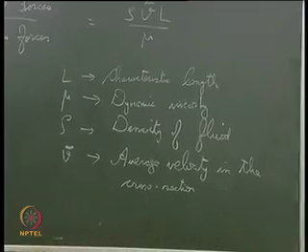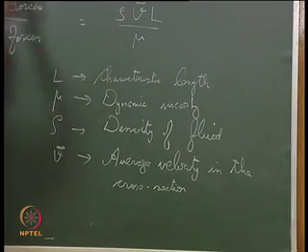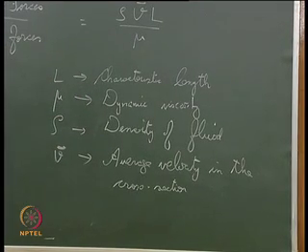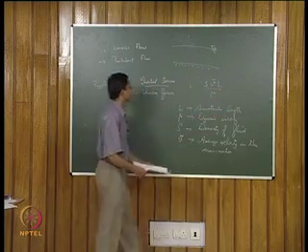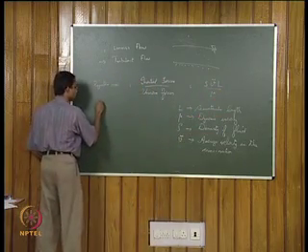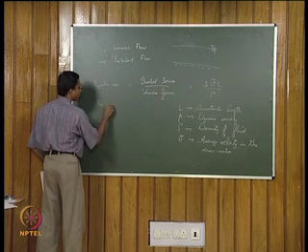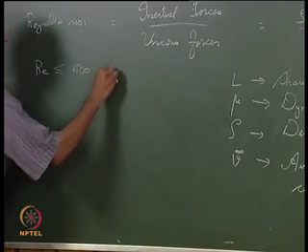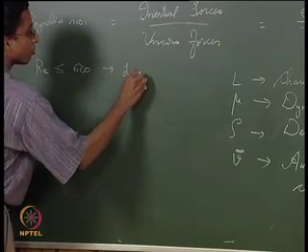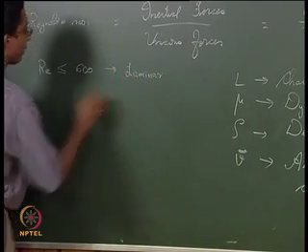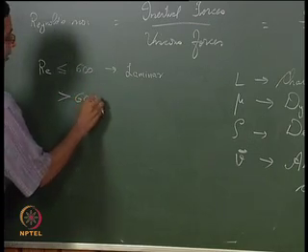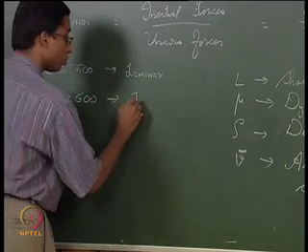Based on these parameters you can obtain the Reynolds number. In open channel flows or free surface flow, it has been identified through various experiments that normally if Reynolds number is less than or equal to 600, it yields laminar flow, and if it is greater than 600, turbulent flow starts.